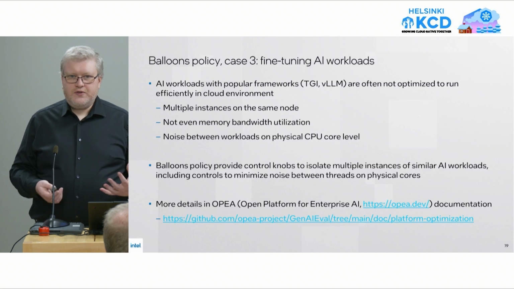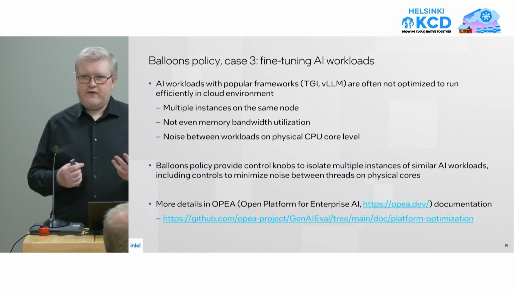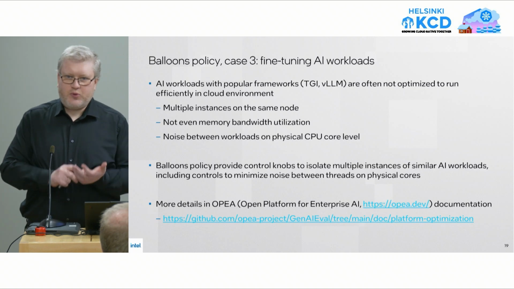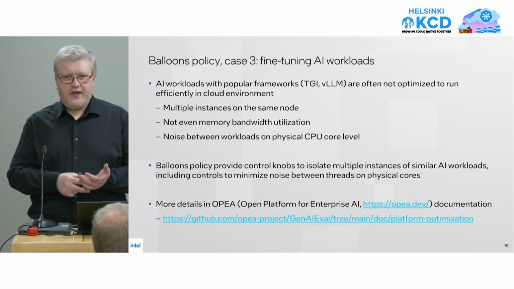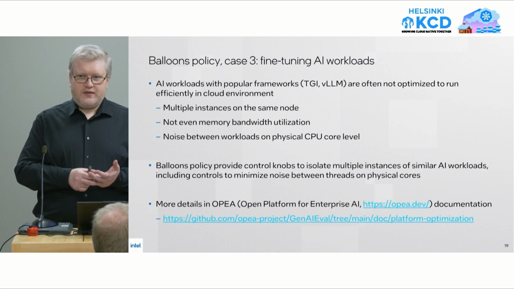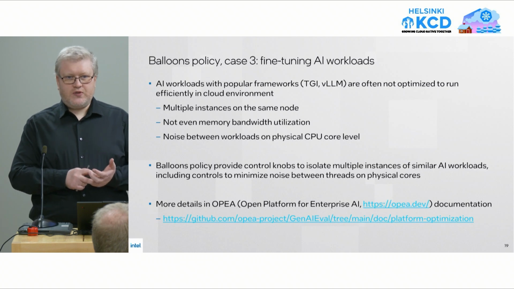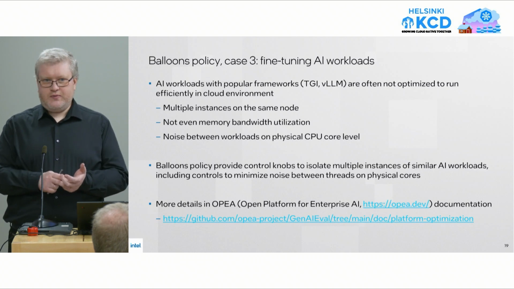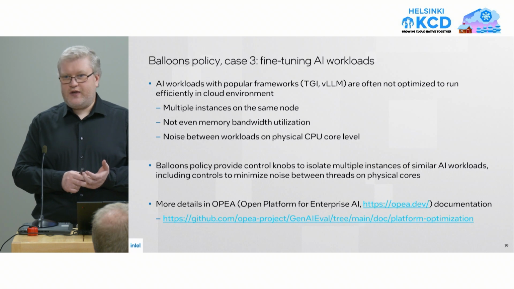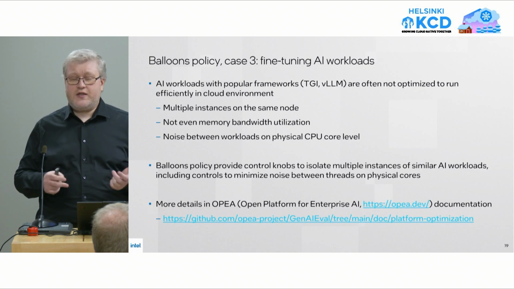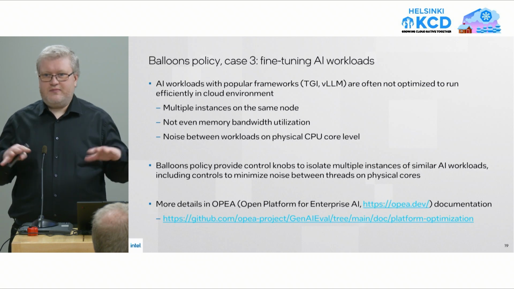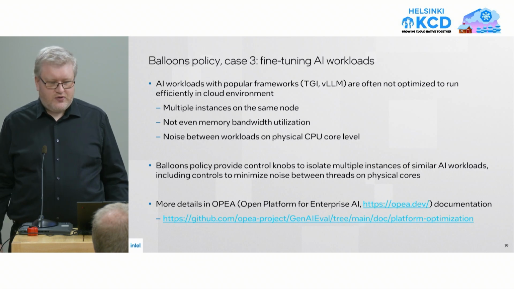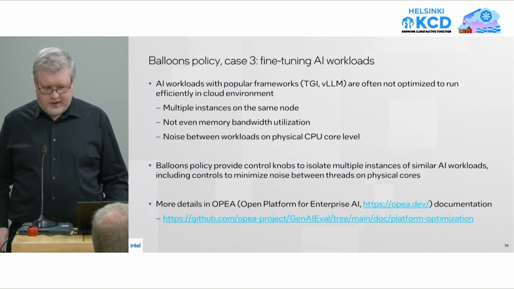When you are doing that on CPU, AI workloads have two particular bottlenecks. One bottleneck is memory bandwidth, and the second is the performance of arithmetic units on CPUs. If you try to run multiple instances of AI workloads, most probably you will see contention between the hyperthreads on the same machine, or contention just because the same cores are used for similar workloads.